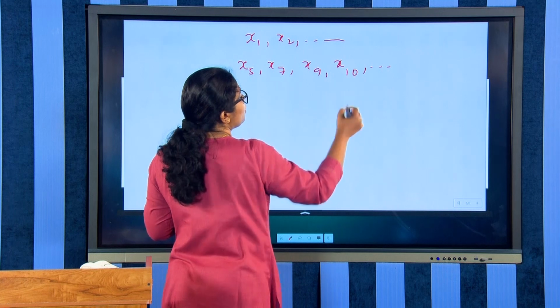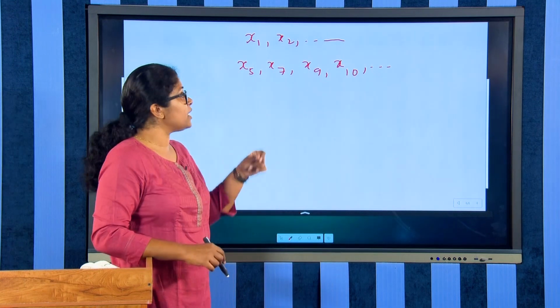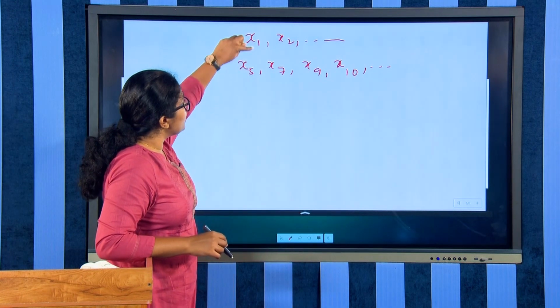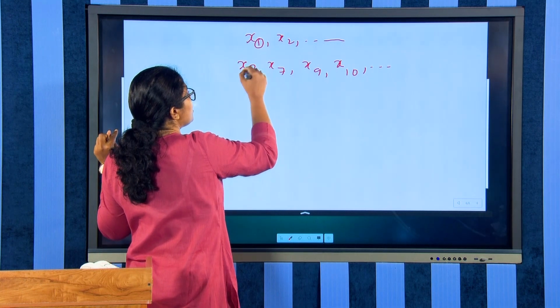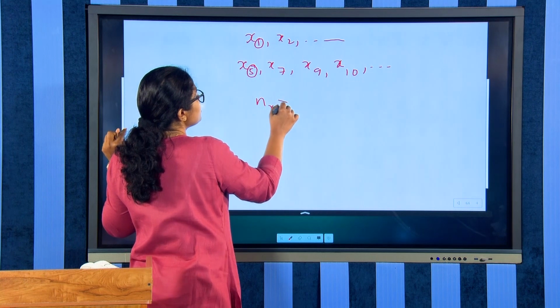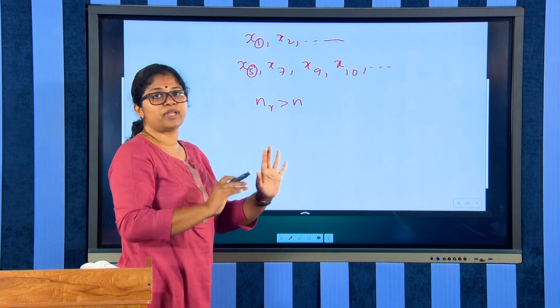So, x10 and so on. So, we can see the corresponding suffixes, that is, the corresponding n and nr are such that nr is greater than or equal to n for every n.